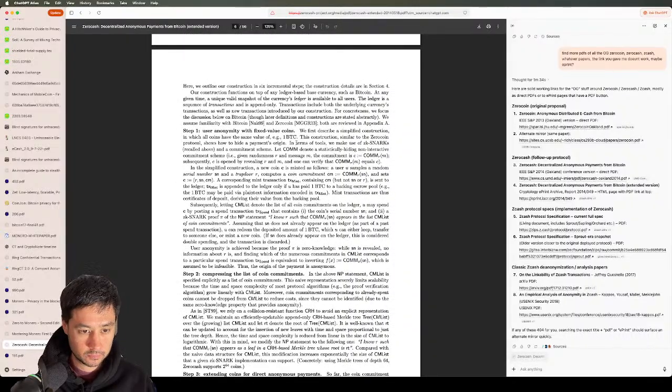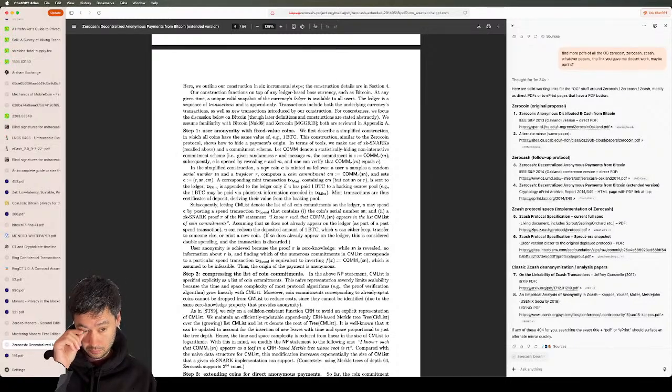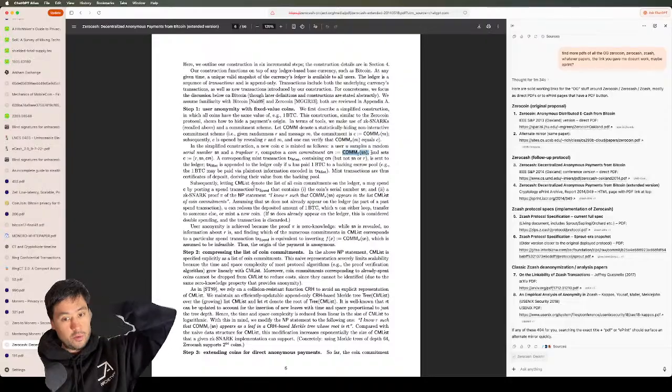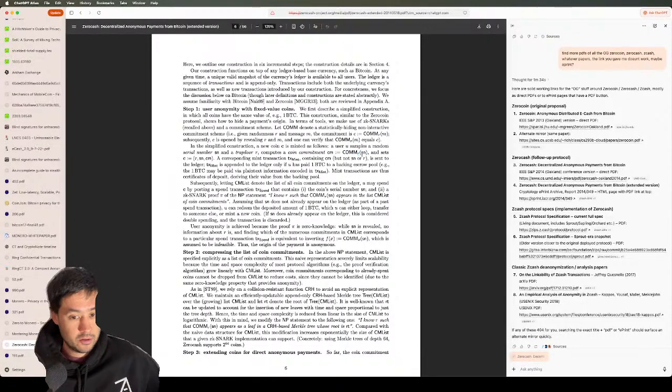All right, Zcash. So you're just committing to a serial number with some opening blinding factor R, and that serial number is a random value.